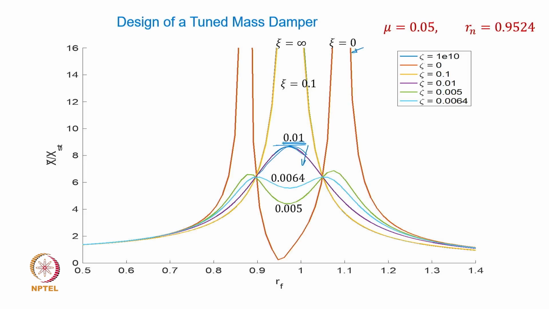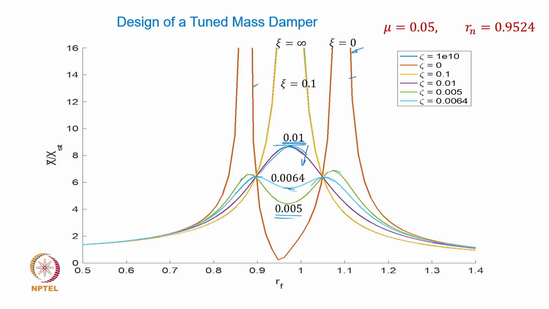It gives you these two new resonances. But if I take a smaller value, let's say 0.005, it gives you a response something like that. And if I ensure that the damping ratio is properly optimized, I get a response which is not showing stronger peaks but is reasonably well contained.